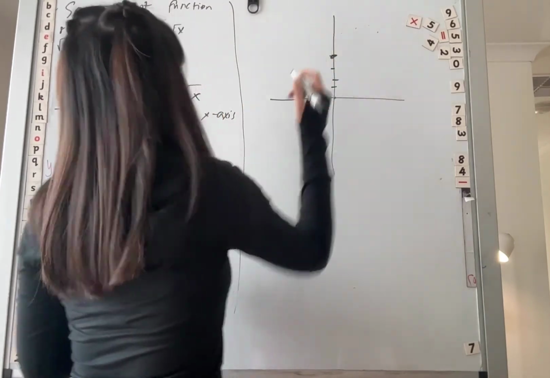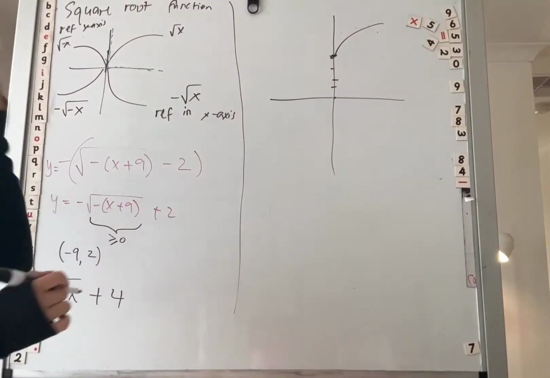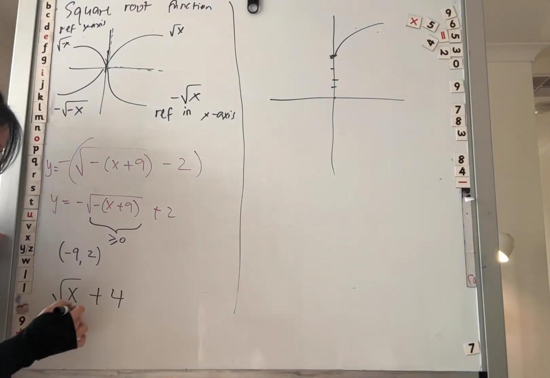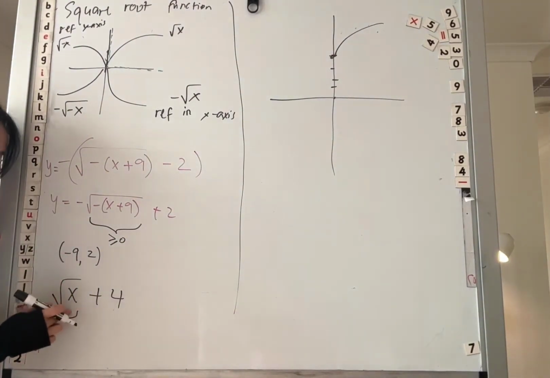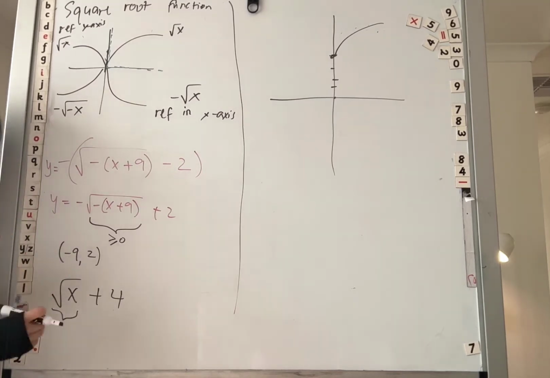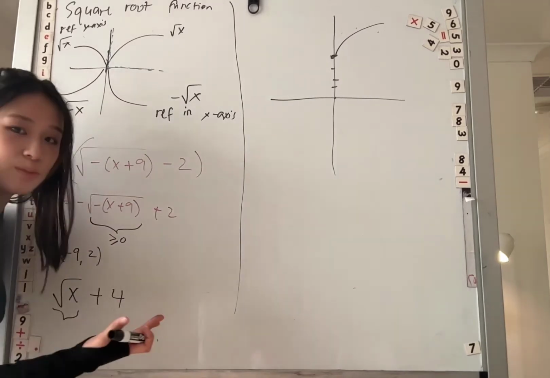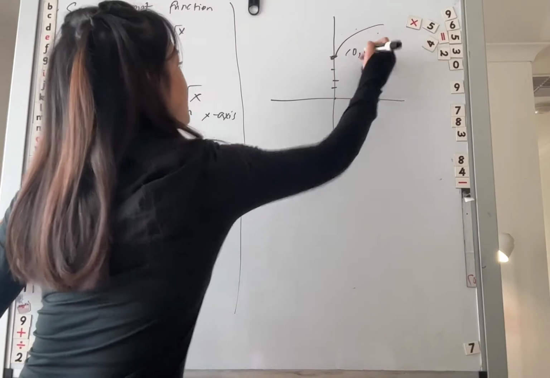Okay, and then since it's a positive graph, all I'm going to do is go this way, right? Just the basic function. Another way I like to rationalize it, okay, is root x, the smallest that it can be is 0, right? So therefore the smallest y value it can be is 0 plus 4, which is shown over here. So this is my starting point.